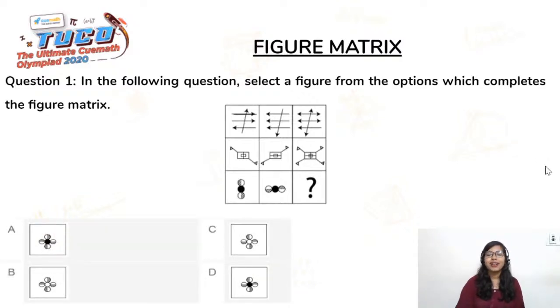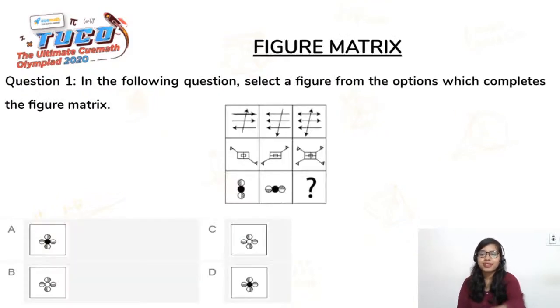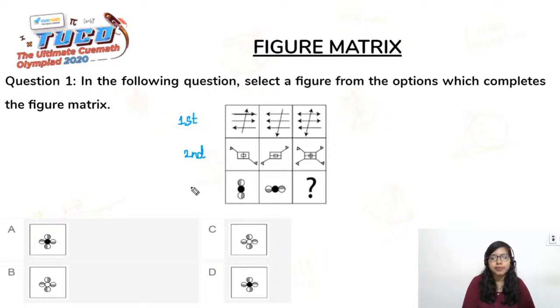So I'm sure that at least few of you must have already been able to observe the pattern. Let's see here. How do we go about it? So here goes our pattern. You can see that if I go row-wise, let me say that this is my first row, this is my second row, and this is my third row.